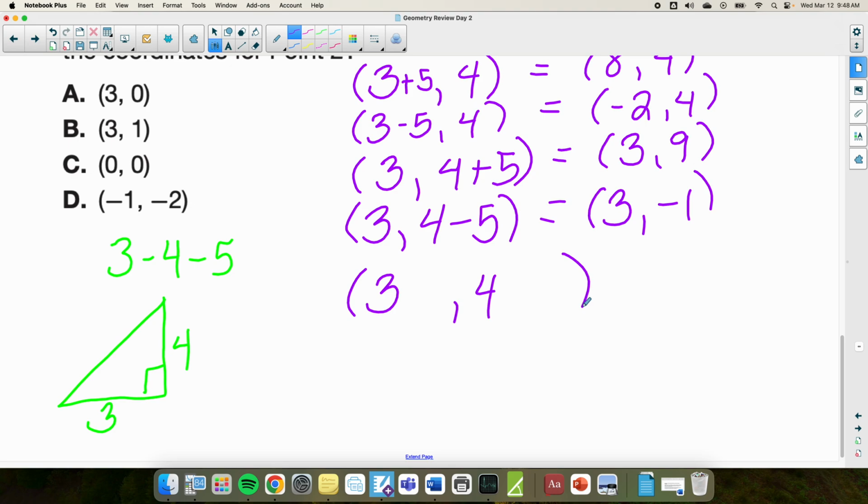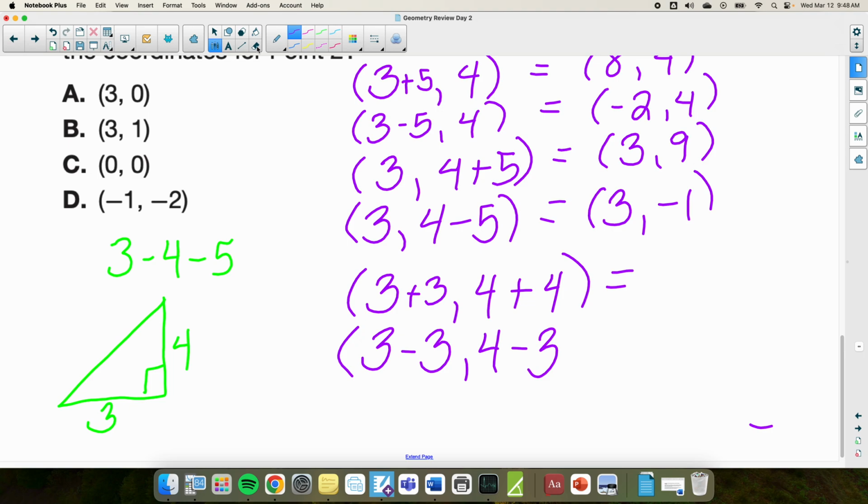Add 4 and subtract 4 from this. Okay? So let's add the first time. Add the 3, add the 4. The next time, let's subtract the 3 and subtract the 4. Okay?